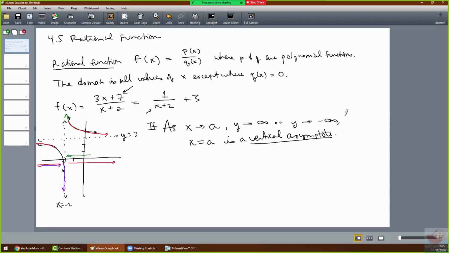So if as x approaches infinity or negative infinity, y approaches a number, we usually use the letter b associated with y. y equals b is a horizontal asymptote.